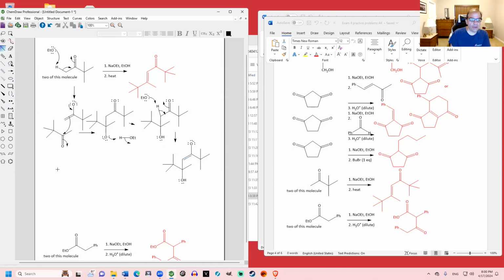And you get this enolate. And then the enolate collapses to expel hydroxide as the leaving group. The double bond shifts over. And we get the product.